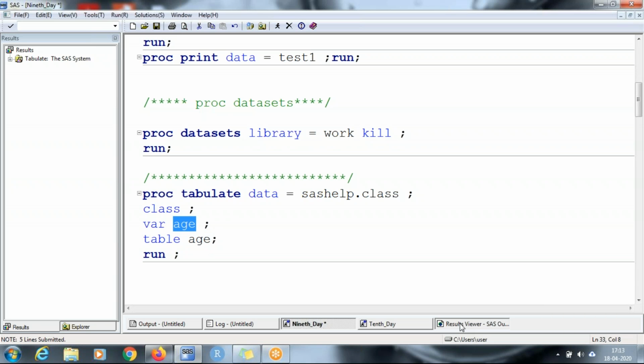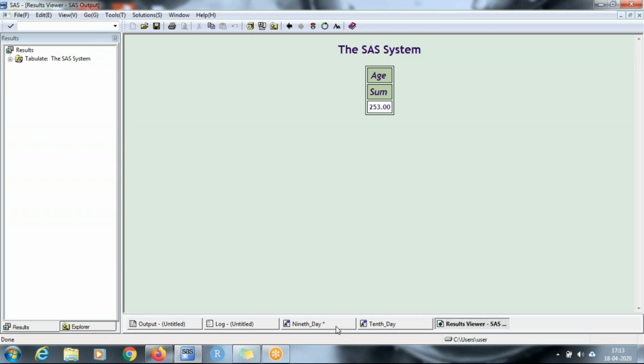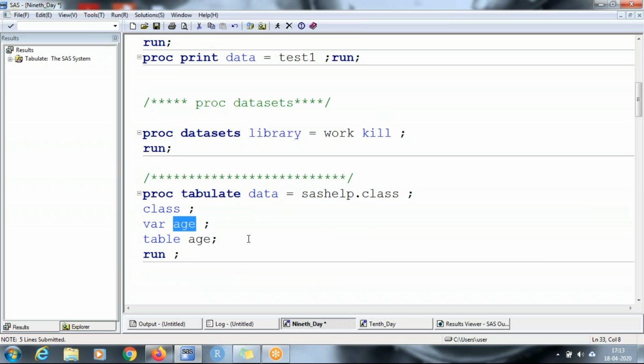Why did we get this sum? Because I have defined age in the var statement.